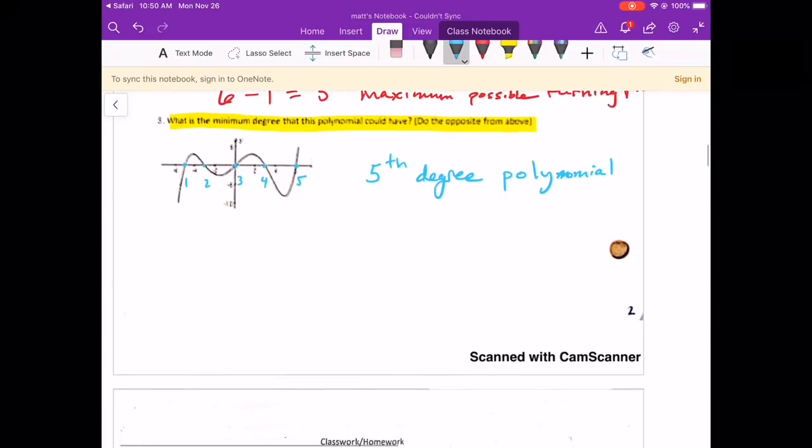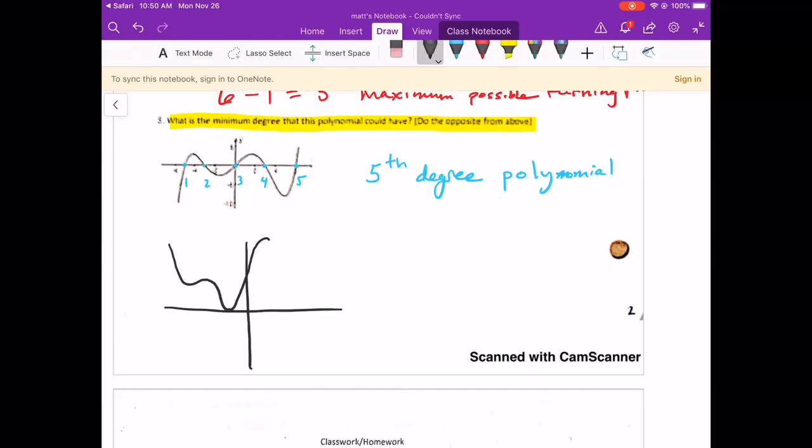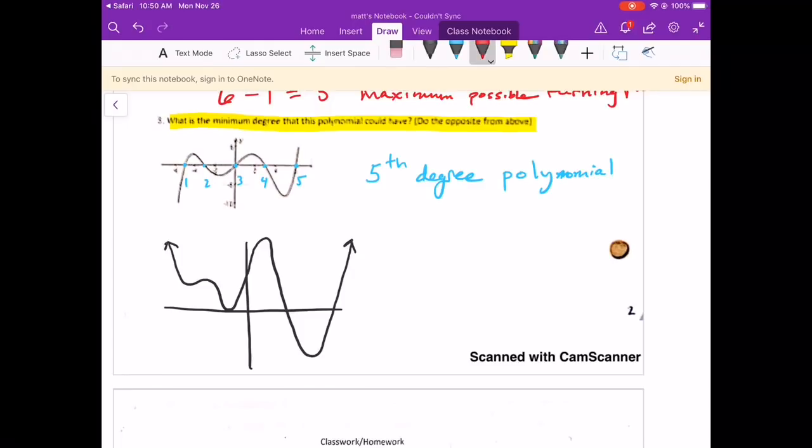All right, let me sketch one real quick just to see if I can be helpful about this bounce idea. So if I had some even function that looked a little bit like this, I'm focused on where it touches the x-axis. On first glance, you might think that's 3 times that it crosses the x-axis.